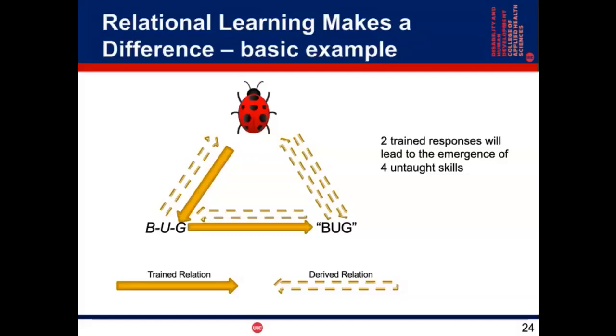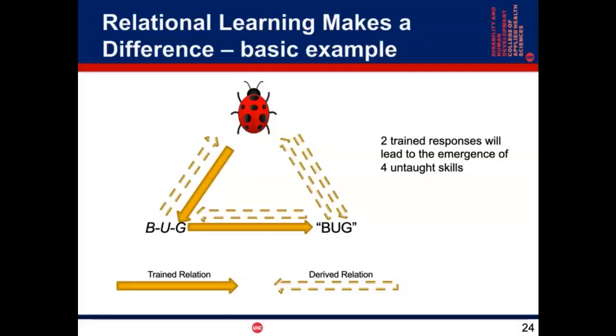But the important thing to consider here is that we've got this picture that we can train goes to this word, and then the text word can go to the vocalization. And those two types of intervention strategies, training techniques, can yield everything you see here in these dotted arrows, which would be 4 additional ways of understanding this ladybug.